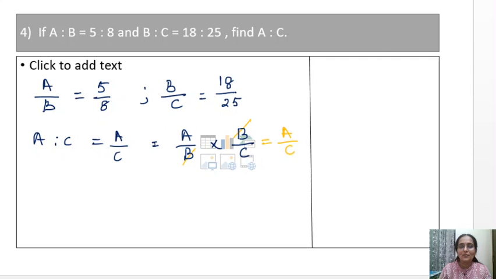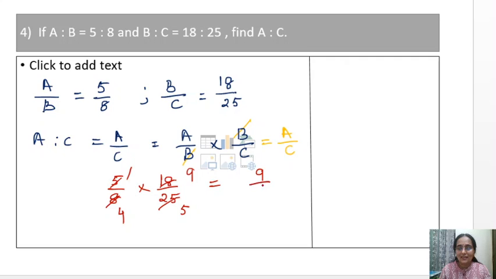So now you have to multiply the fractions. A by B is 5 by 8, B by C is 18 by 25. 5 fives are 25, 2 nines are 18.